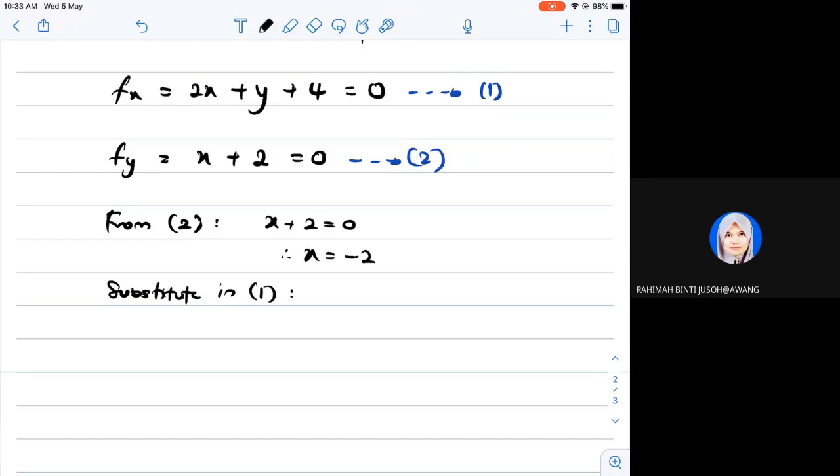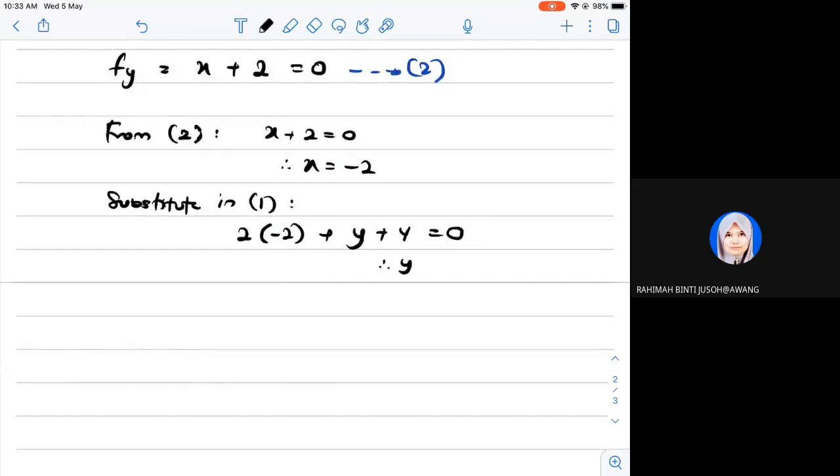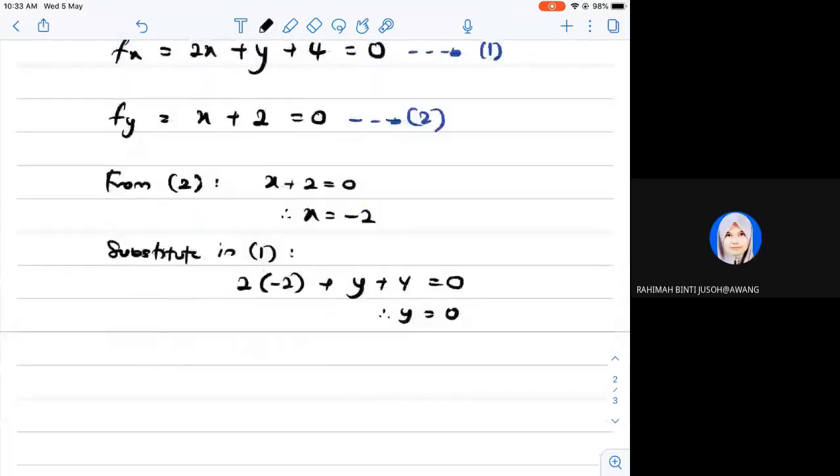We have 2 times x, where x is negative 2, plus y plus 4 equals 0. So therefore y equals what? 0, isn't it? Okay.